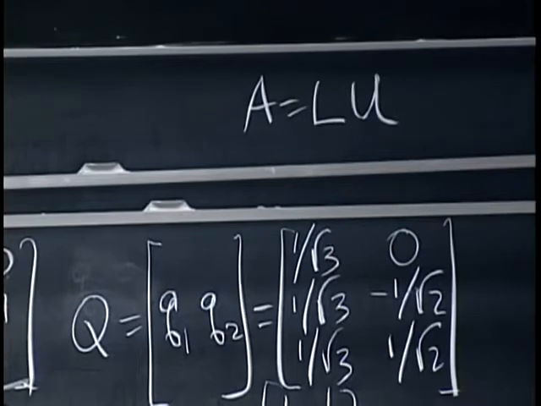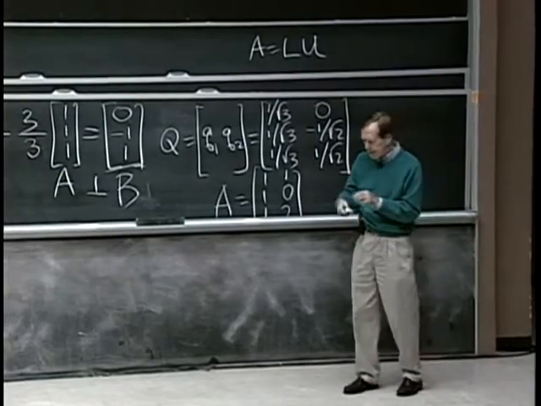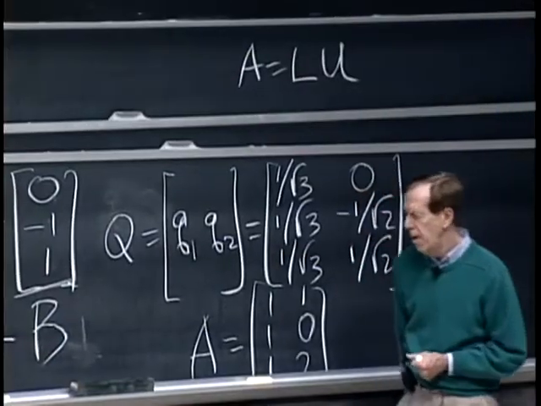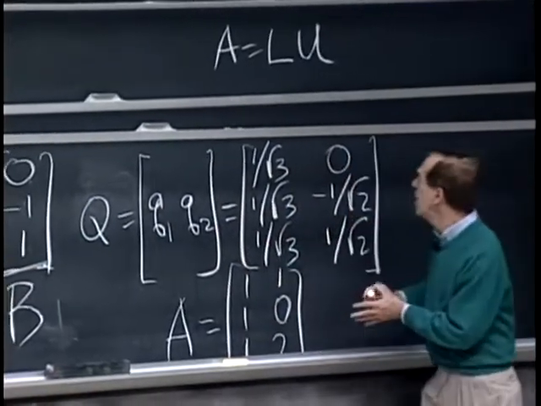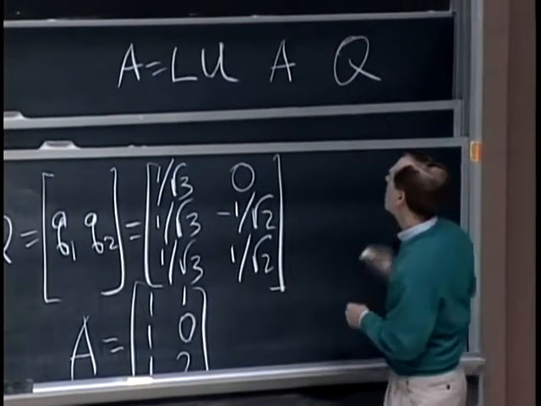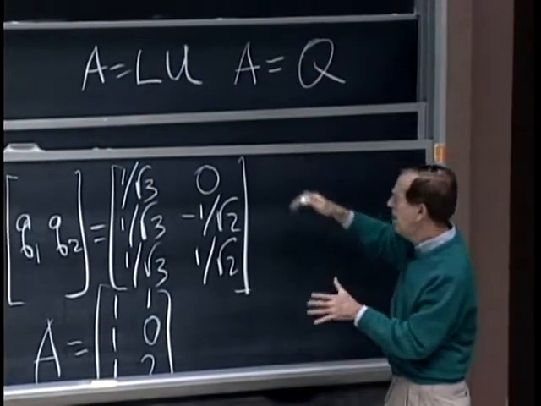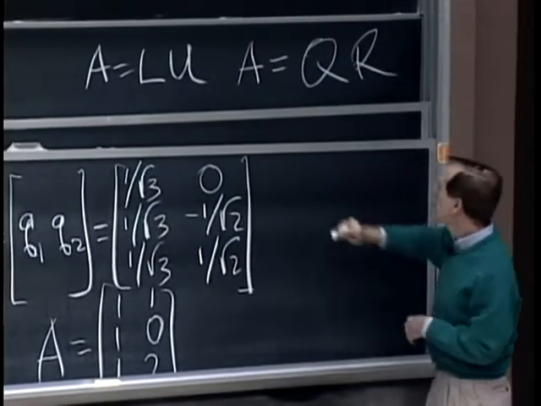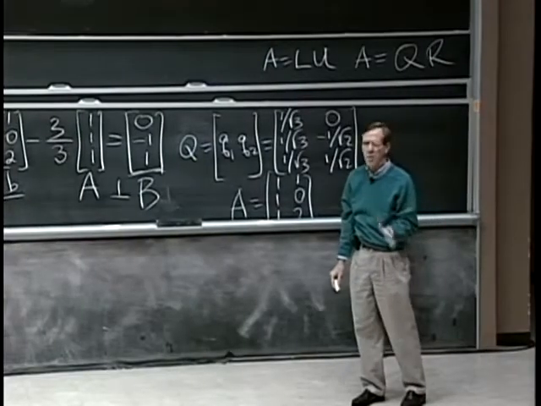Now, I want to do the same for Gram-Schmidt. Everybody who works in linear algebra isn't going to write out that the columns are orthogonal or orthonormal, and isn't going to write out these formulas. They're going to write out the connection between the matrix A and the matrix Q. The two matrices have the same column space, but there's some matrix taking one to the other, and I'm going to call it R. So A equals QR is the magic formula here.